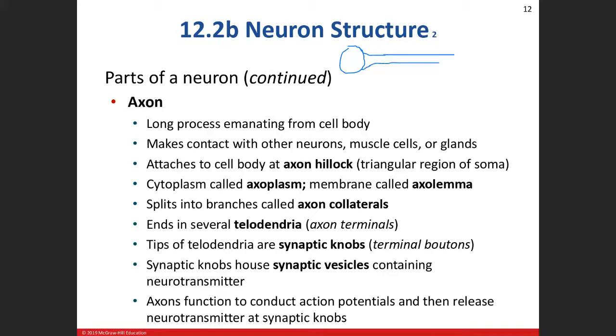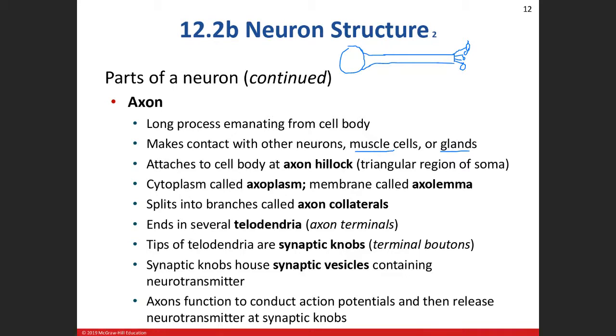It's going to travel all the way to wherever, and it's going to either connect onto another neuron or an effector organ, which is going to be a muscle or gland. That's it. Keep it simple. These cells are going to either connect to another neuron or an effector organ, muscle or gland.